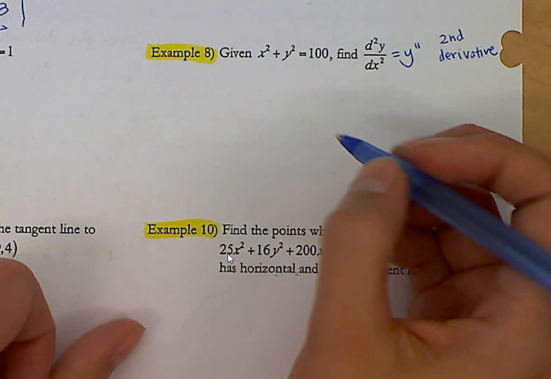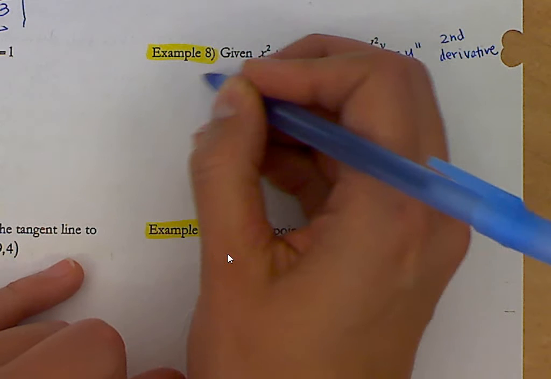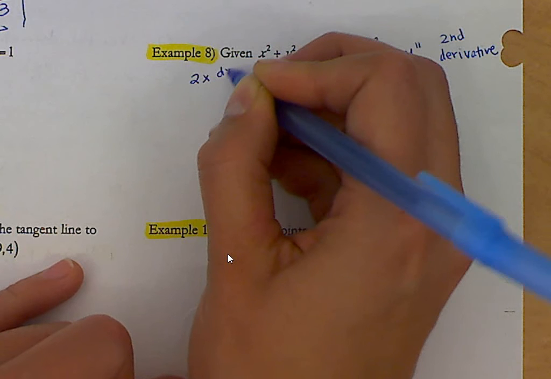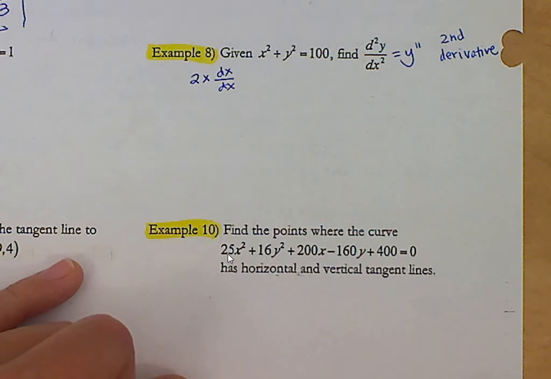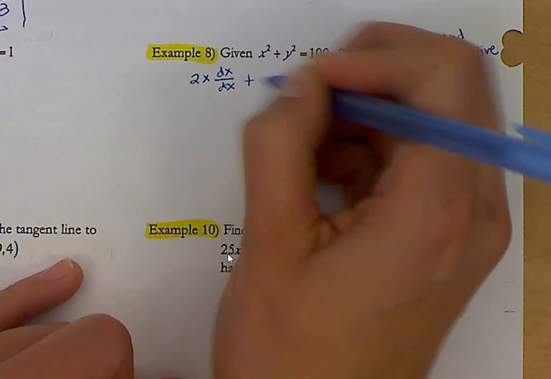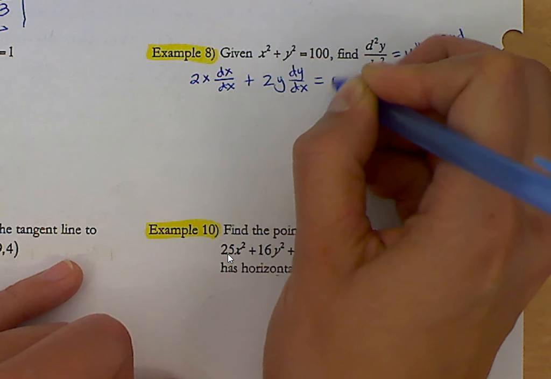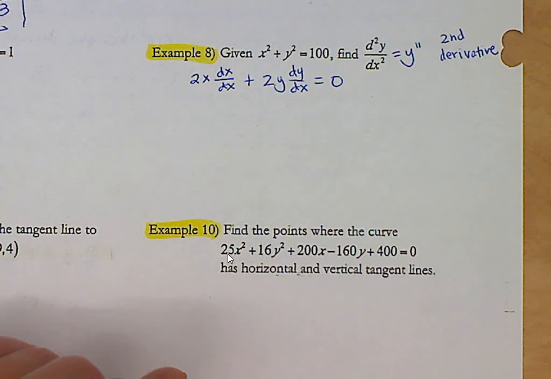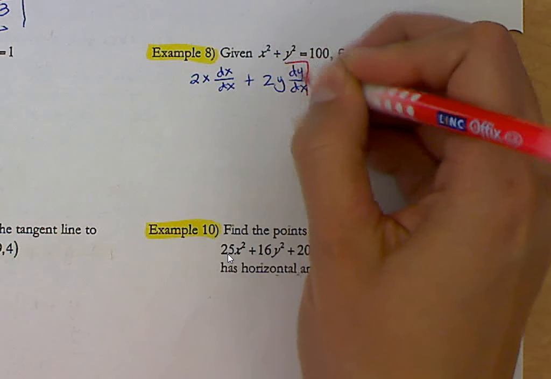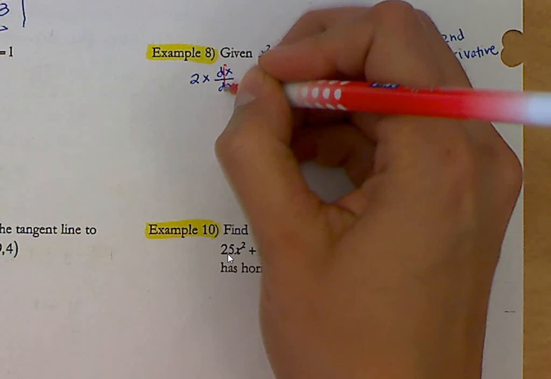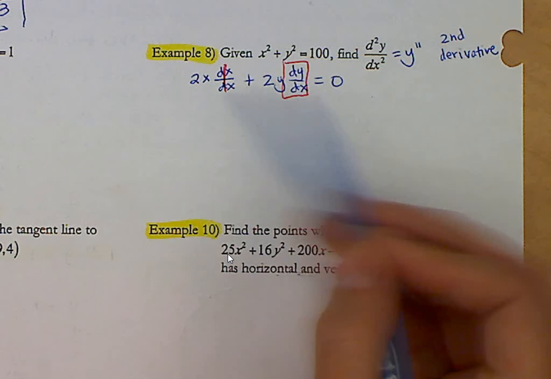So let's just start with our first derivative. The derivative of x squared is 2x dx dx plus 2y dy dx equals 0. So my goal is to solve for dy dx, no problem. The dx dx goes to 1, and I can just subtract 2x from both sides.